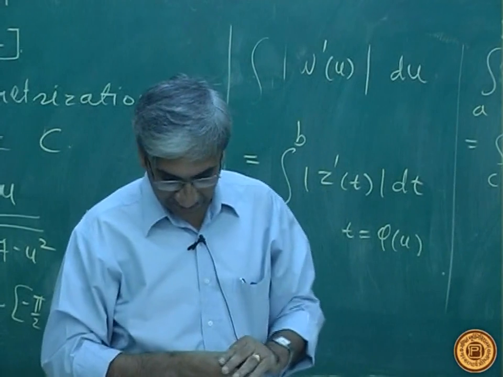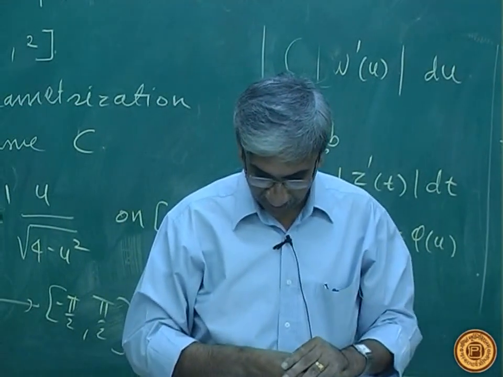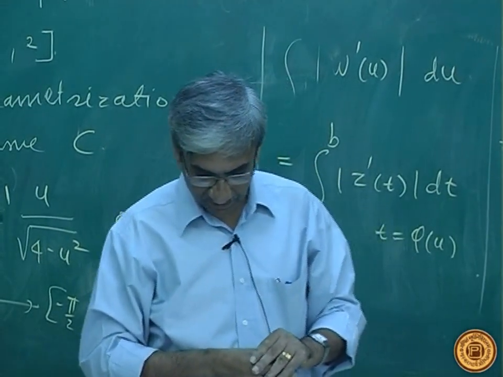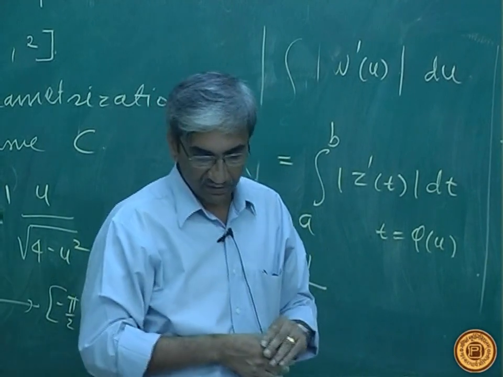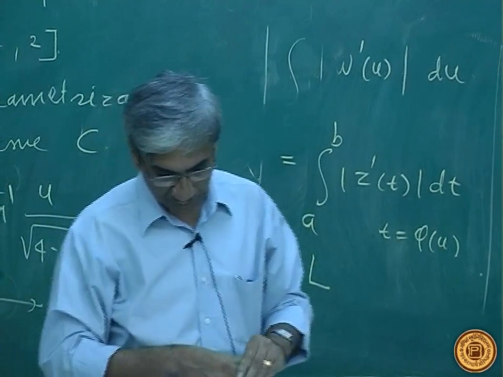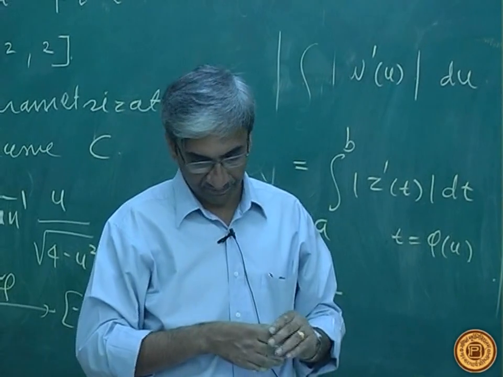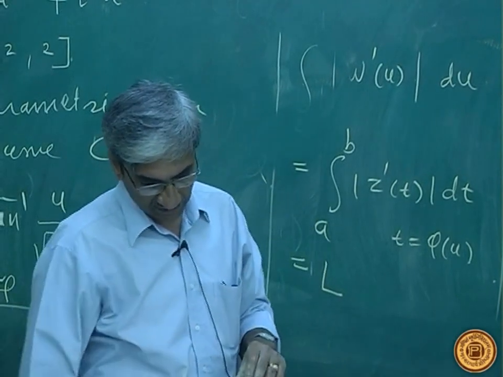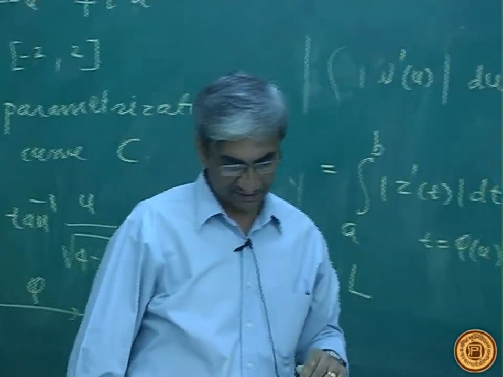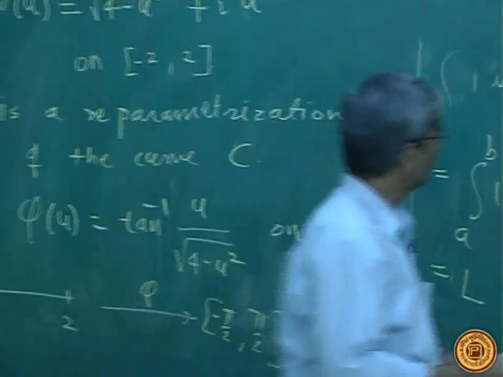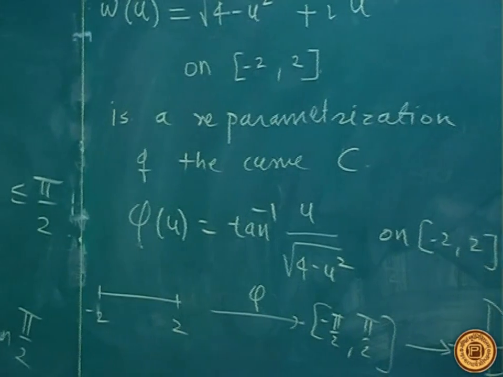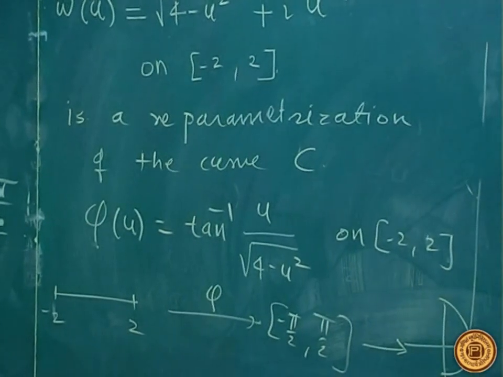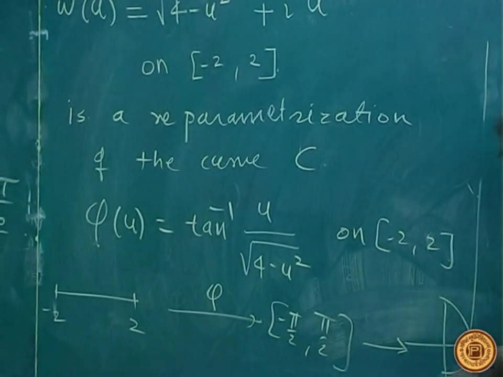Now point number 17, that let f of z be analytic in the domain D and let C be a smooth curve in D given by z of t. If W of t is f of z of t, then show that W dash t is f dash z t into z dash t. Okay. So let us prove this.